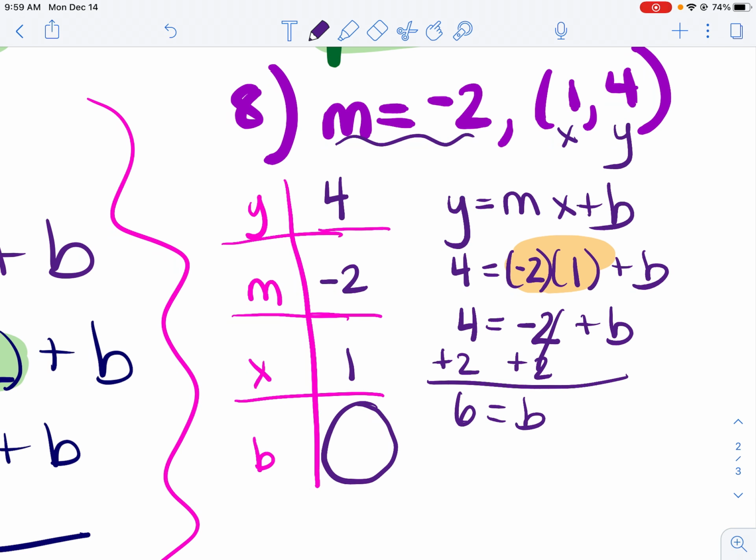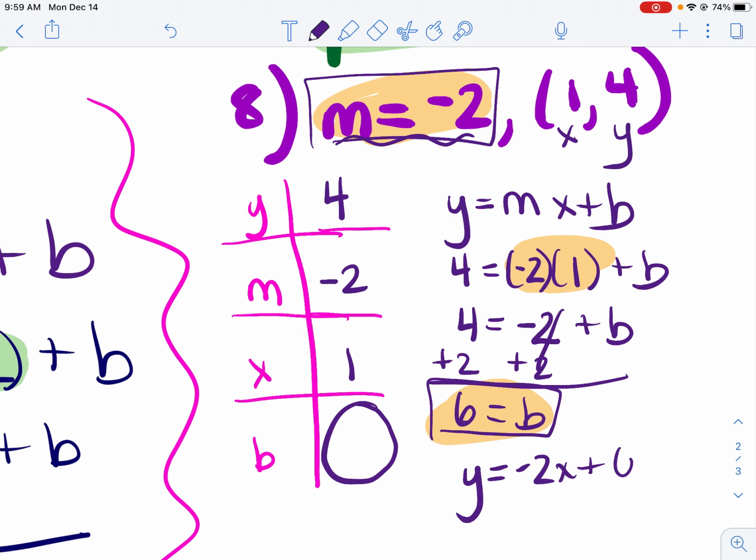So b equals 6. So we have our m, we have our b, and then we're going to plug into y equals mx plus b. So y equals, our m we said was -2, x, and here's our b, plus 6.